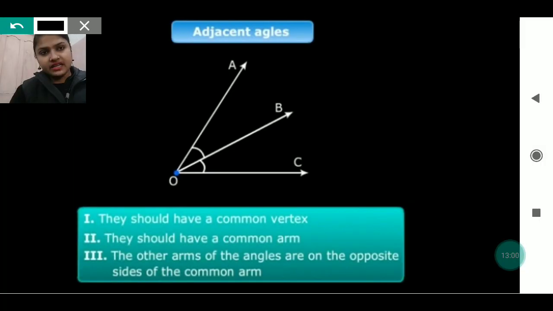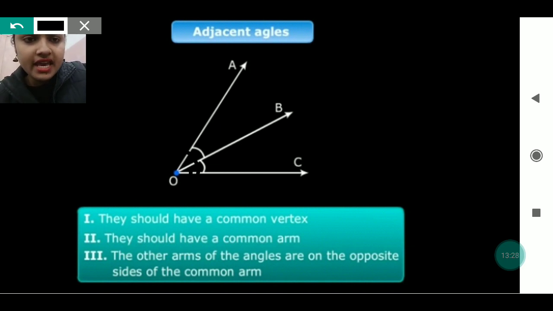One more angle is there, the adjacent angle. What is an adjacent angle? Just see, they should have a common vertex. The O point which you can see, that is the vertex. They should also have common arms.